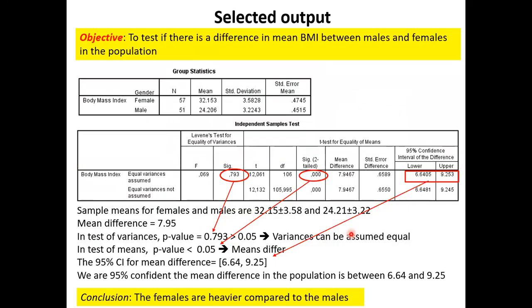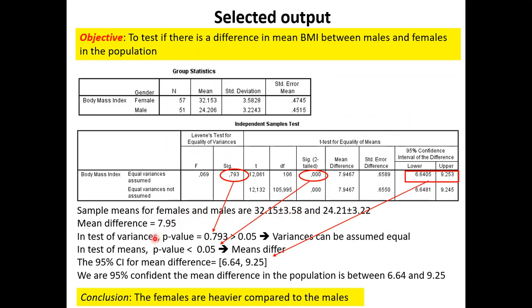Okay, look at the output. Are you getting this table? Class, anybody having problem? Okay. It's a descriptive. So first look at the p-value. So we write this first.